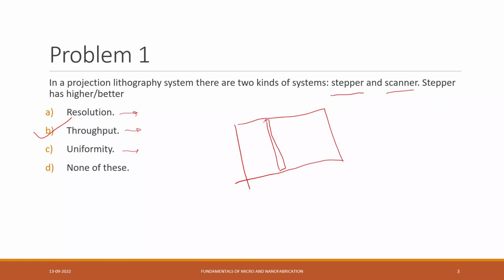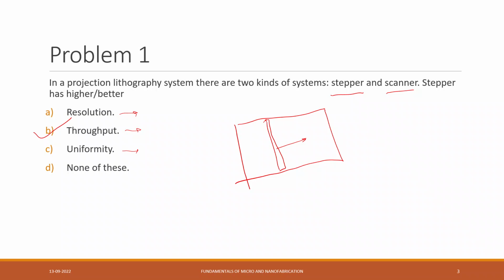This slit is scanned throughout the mask pattern, such that uniform illumination is present at that slit. The full slit is illuminated uniformly. So throughput is the thing in favor of stepper. Other things like resolution and uniformity are achieved better in scanner systems.